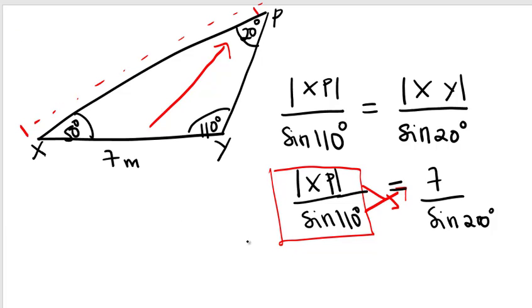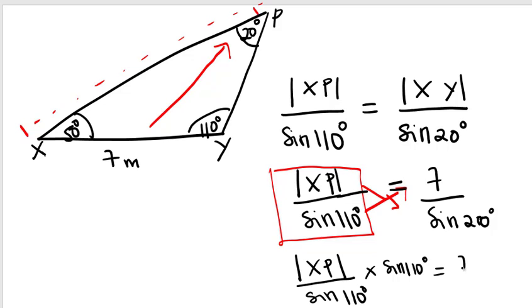So we have side XP over sine 110 degrees times sine 110 degrees being equal to 7 over sine 20 degrees times sine 110 degrees.